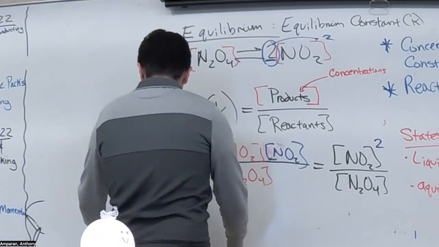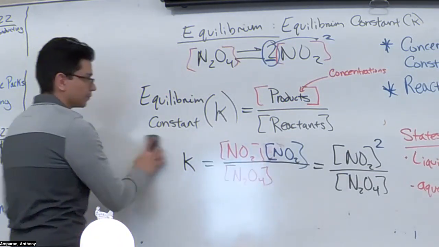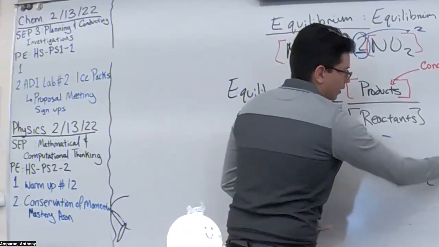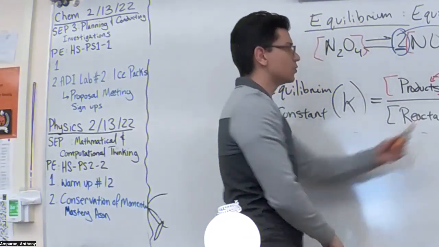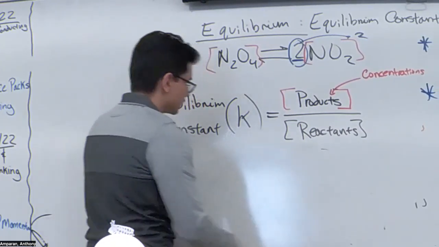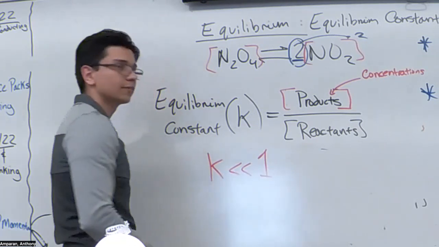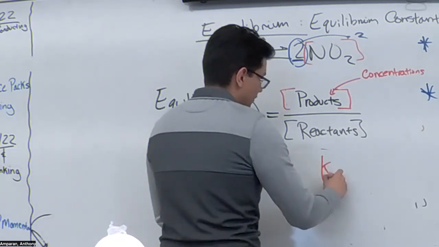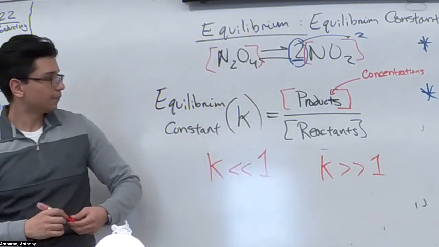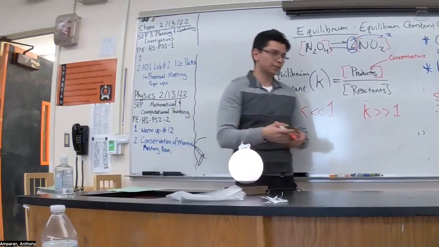Last thing we're going to talk about is what these equilibrium constants can tell you. You have two situations that connect to the ratios I was telling you before: if K is significantly bigger than 1, or if K is significantly smaller. This will tell you which side of the reaction is going to be favored.